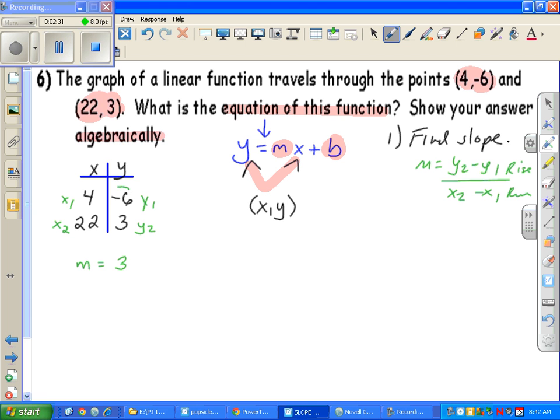Now I have to be really careful. This has a -6 as the coordinate, so it's 3 minus a -6. x2 is 22, and x1 is 4. So I get the following ratio. The difference between 3 and -6 over the difference between 22 and 4.